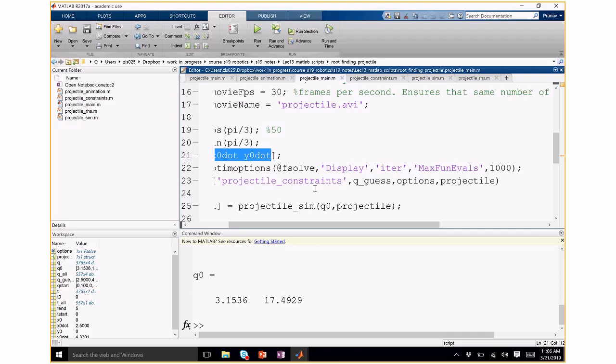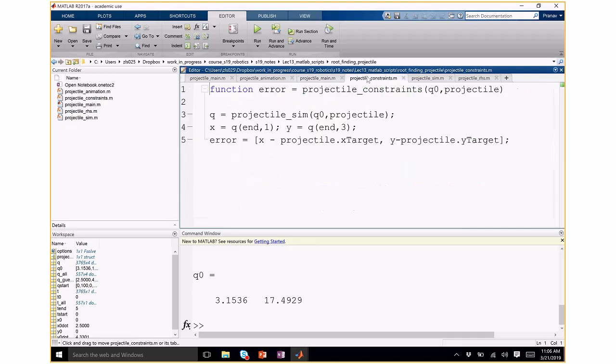So this is where I think the heart of the program is. This is projectile constraints. It takes in the initial guess, or sorry, the velocity, x component, y component. It simulates. So given this function, projectile sim takes in q0, which is the velocity in x and y, and integrates over 2 seconds, and produces q, which is the output for x and y position.